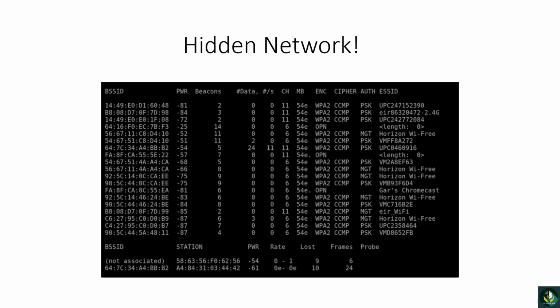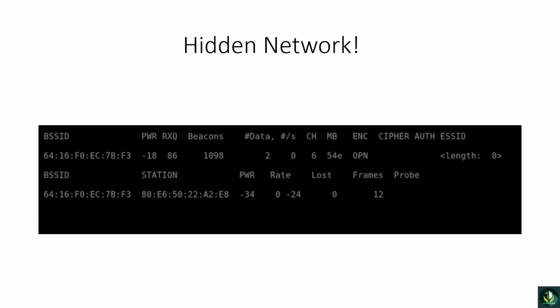So what we are going to do now is run airodump-ng again, because that's our target. We already did this previously, so please go check that out, as I already described all of this in detail.